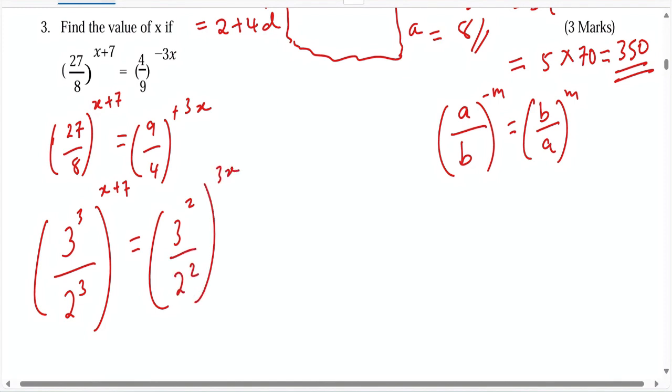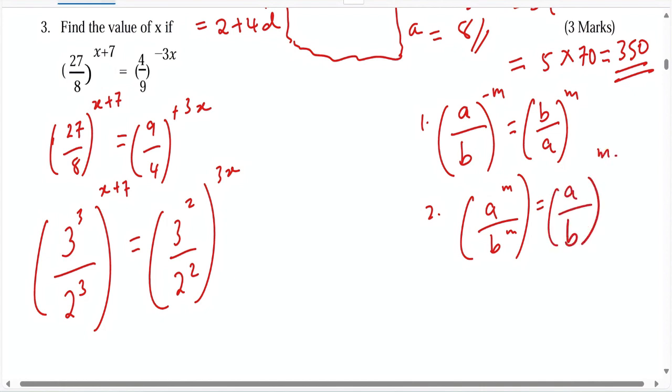Sawa? Haya, the second rule ya index ni if let's say you have same powers, but different bases, what do you do? You usually just make them to have the same power. Sawa? Kwa vile zote ziko na power moja, why not? You just make them all have the same power. Sawa?